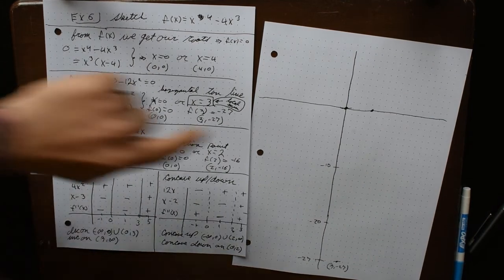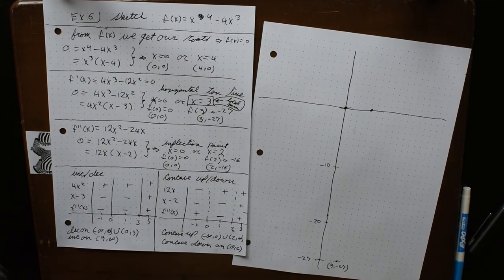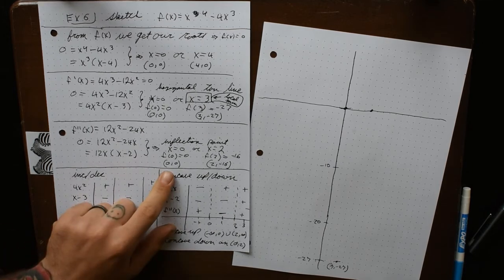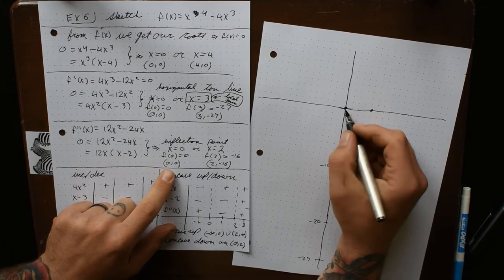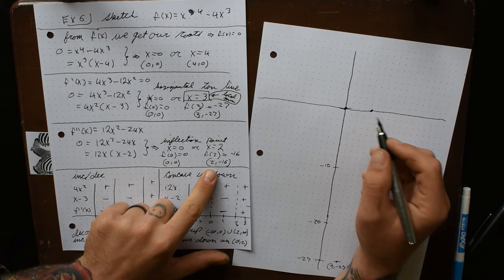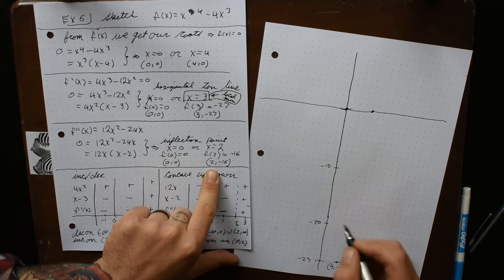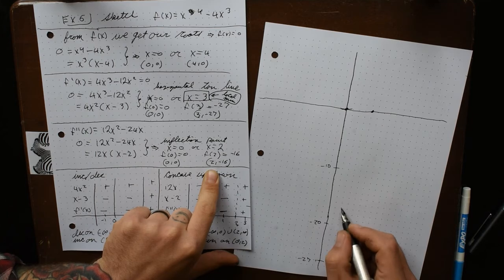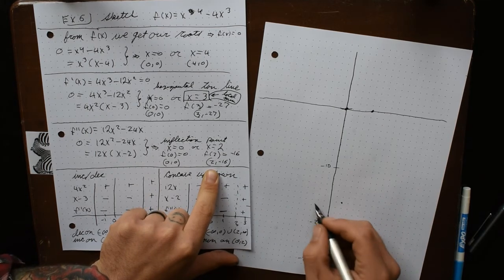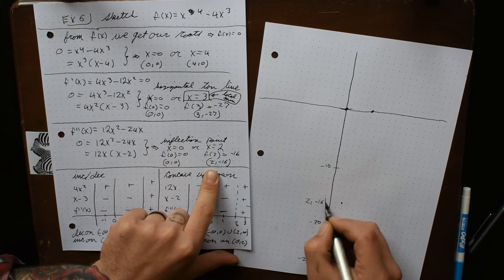Okay, so we have our horizontal tangent lines. We know we have an inflection point at 0, 0, and we have an inflection point at 2, negative 16. So there's 2, negative 16.